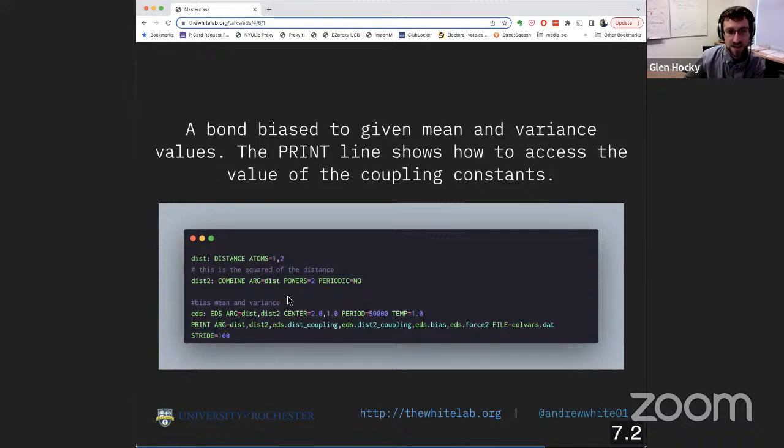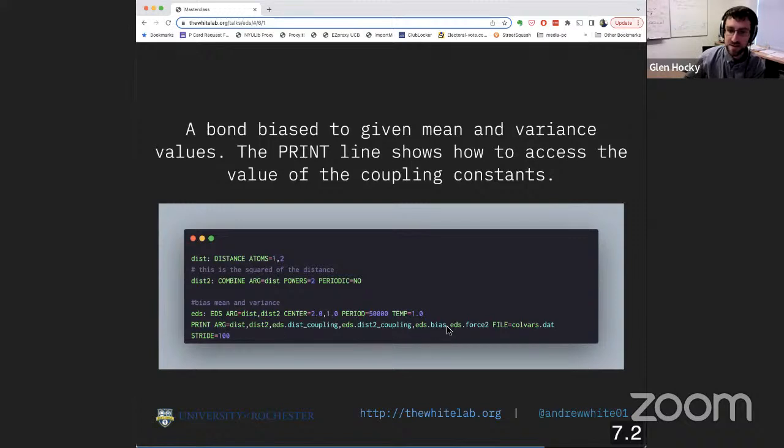So this is what it looks like in PLUMED 2, which you're all familiar with. This is an example biasing the distance and the squared distance to two different values using EDS. And then you can print out the distance, the squared distance, and how hard the coupling for each variable gets, with an underscore coupling. You may be familiar with some things like that, which is that alpha or lambda parameter.